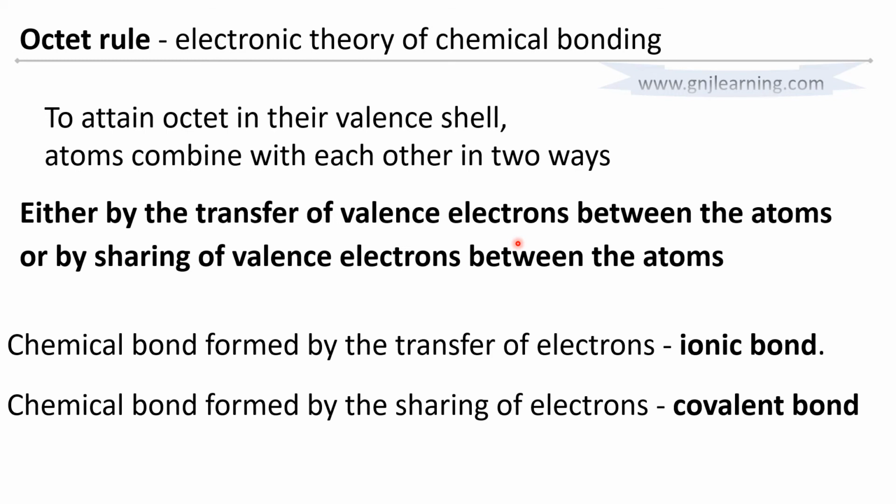In order to attain that octet, atoms take part in chemical reactions and chemical bonding. As a result, chemical bonds are of two types, ionic bonds and covalent bonds. As a result of chemical bonding, they form molecules.